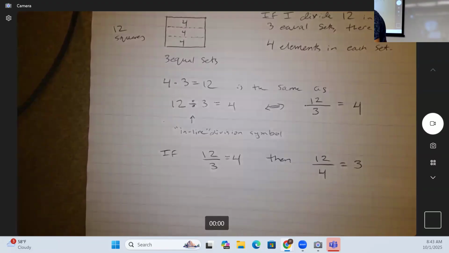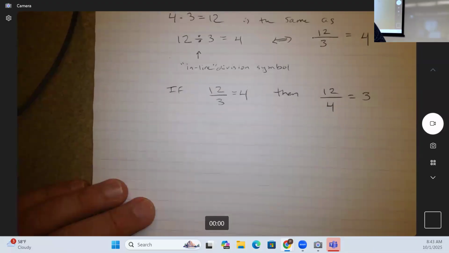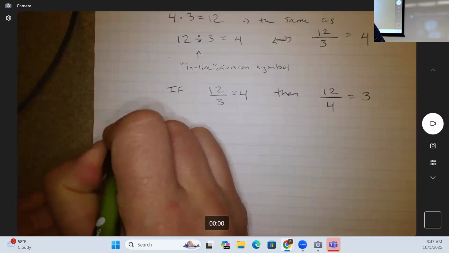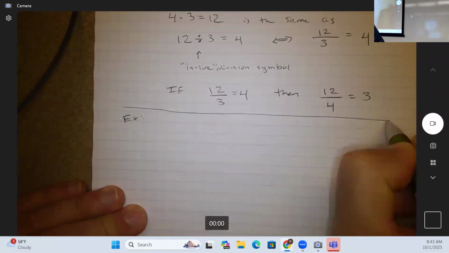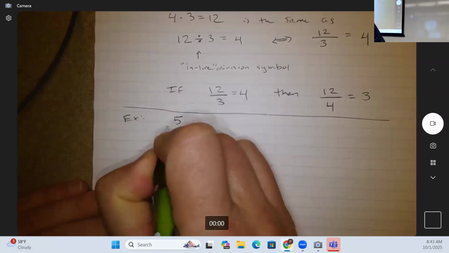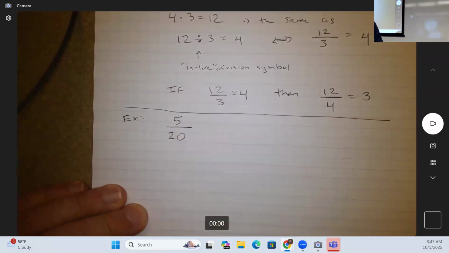Nope, doesn't have a specific name. But if I divide 12 into 3 equal sets, there are 4 elements in each set. If I divide 12 into 4 equal sets, there are 3 elements in each set. What happens if I divide 5 into 20 equal sets?